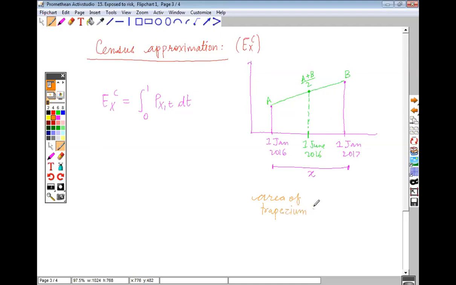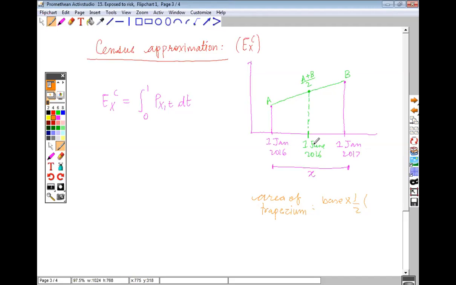So if I want to figure out my area of trapezium, it is nothing but base, which is this particular length, times a half of the sum of this length and this length.